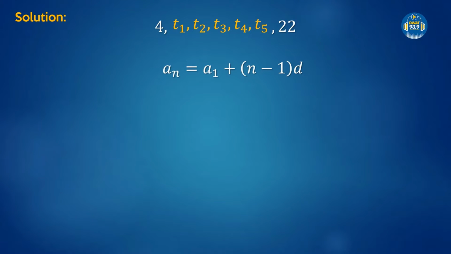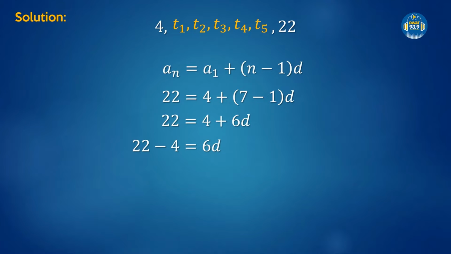Now, by using the formula of an arithmetic sequence, a sub n equals a sub 1 plus n minus 1 times d, we have 22 equals 4 plus 7 minus 1 times d. Now, subtract 7 minus 1. So we have 22 equals 4 plus 6d.